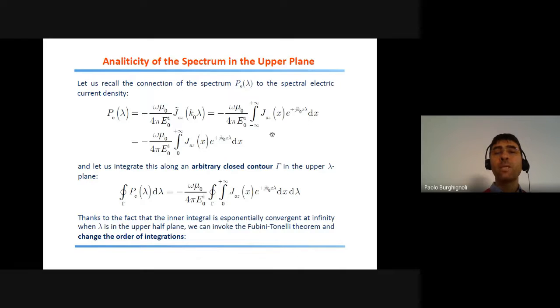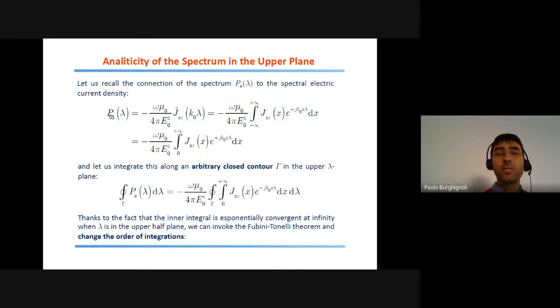Now, this current is non-zero only where we have metal. So, in performing this direct Fourier transform, that is this integral with respect to x, we may integrate only on the domain where x is positive. So, we can integrate only from 0 to plus infinity.